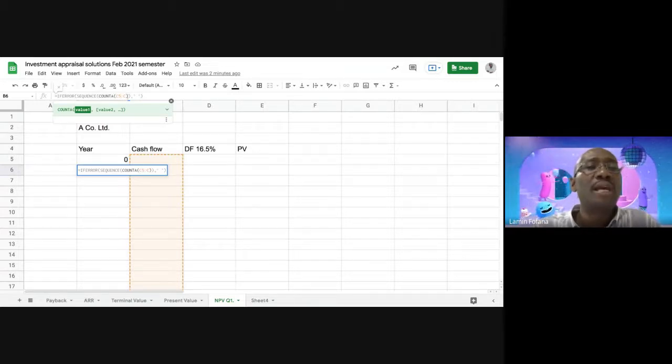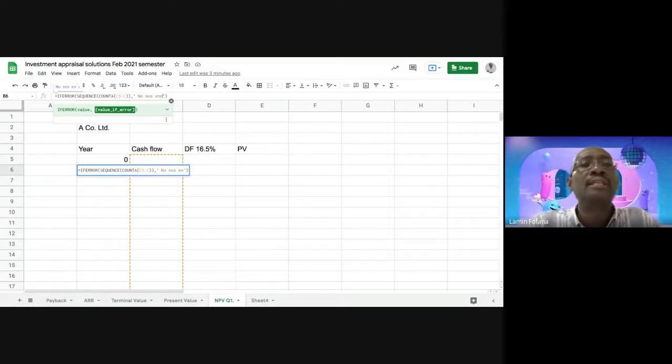Then we close our bracket once to close the cell range, and close our bracket twice to close the COUNTA, and then we do our comma, meaning if there's an error in this formula, what to do. If we want, we can put something in between here. We can say no numbers entered, for example, then you enter.